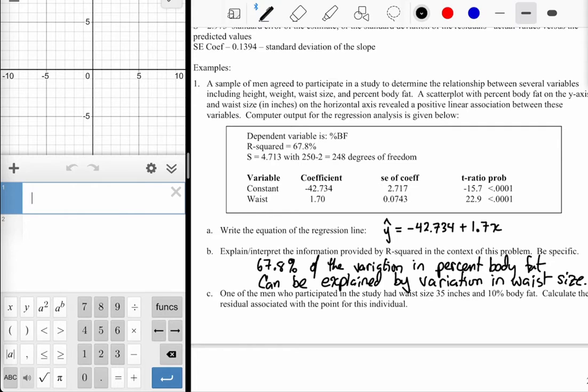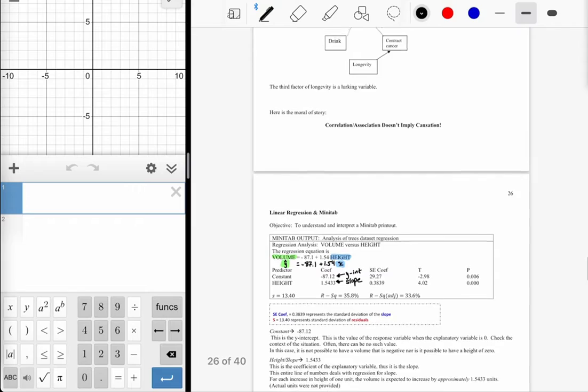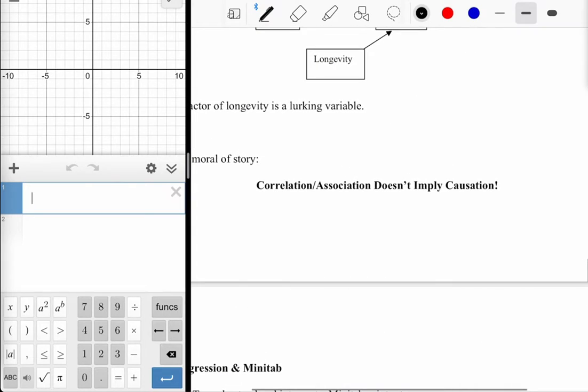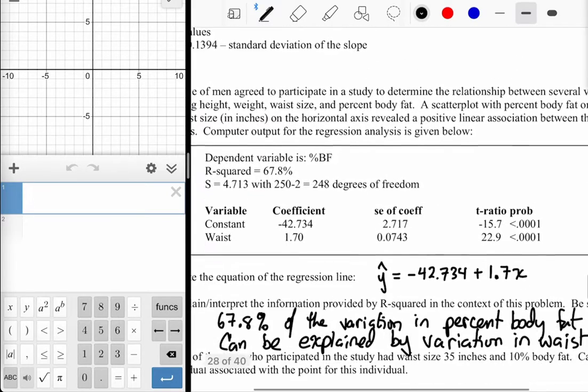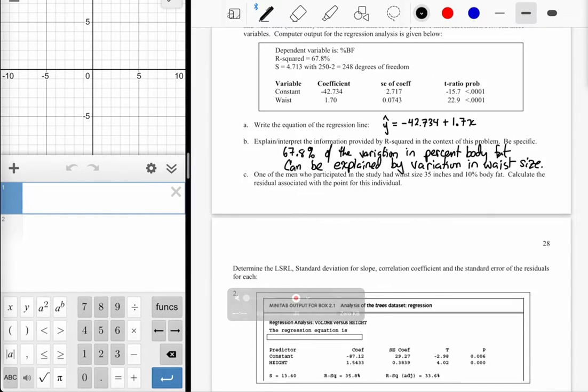The buzz phrase that you'll see, I think it's on the previous page: correlation doesn't imply causation. Just because there's a relationship between two variables doesn't mean causation.